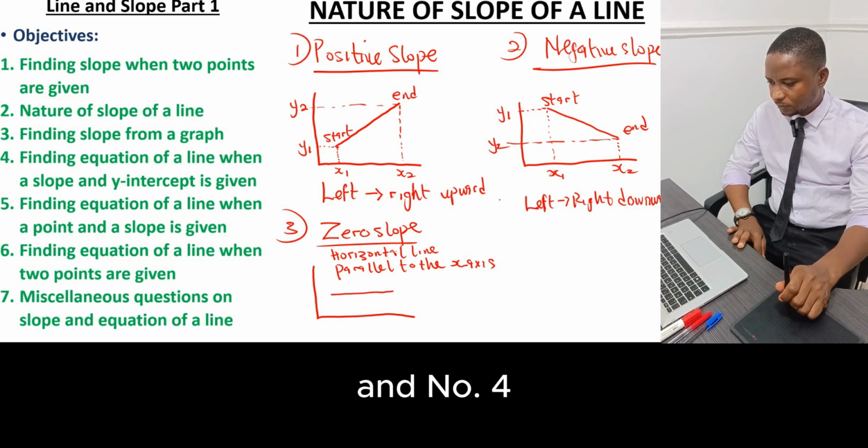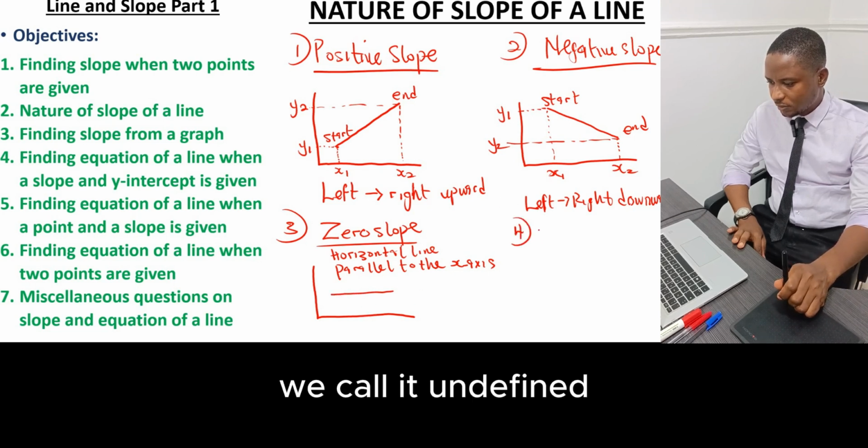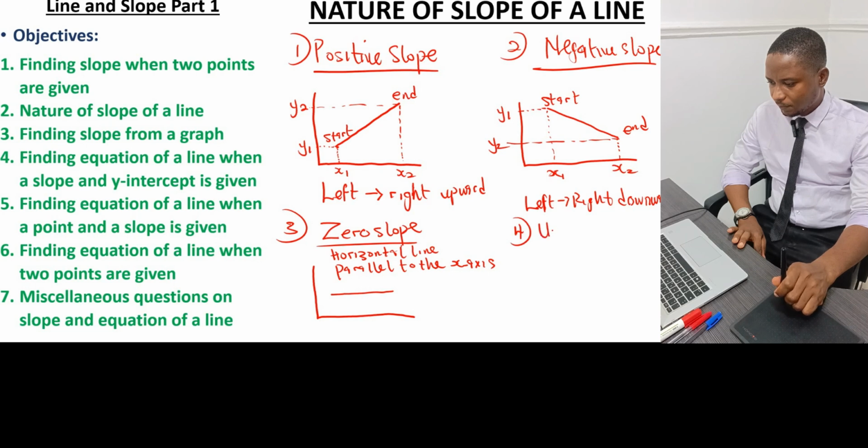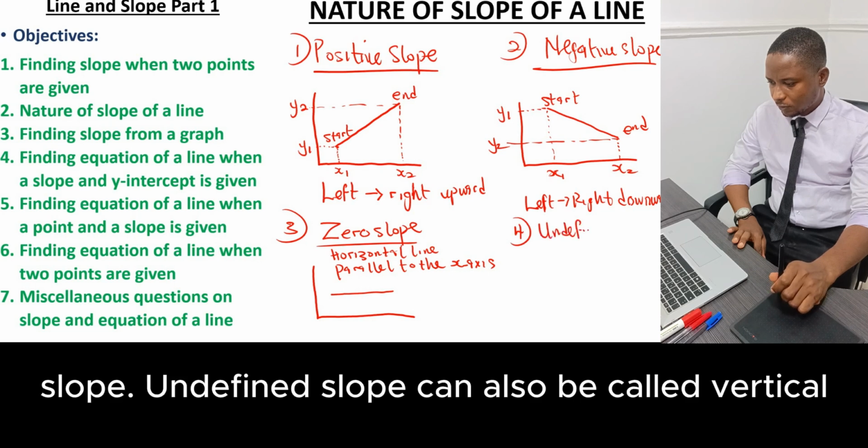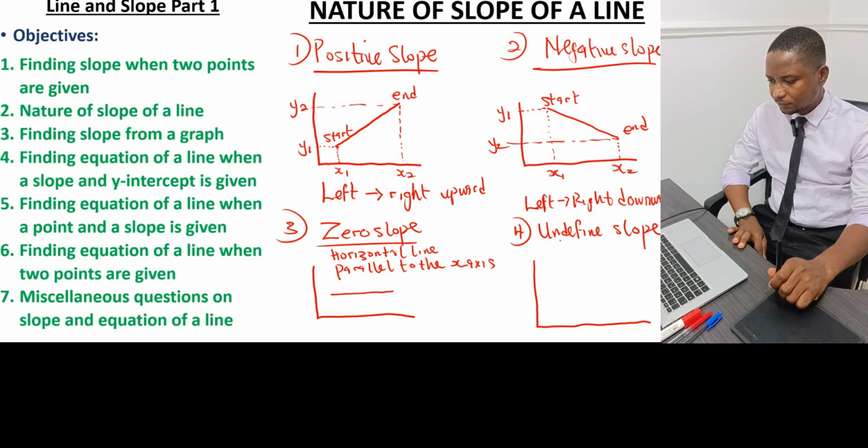And number 4, we call it undefined slope. Undefined slope can also be called vertical line.